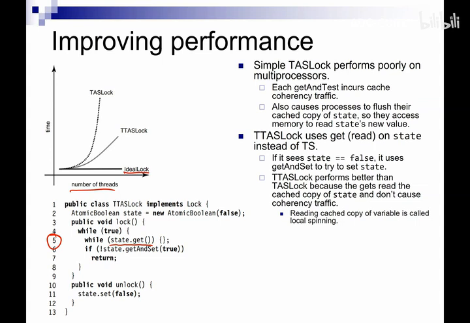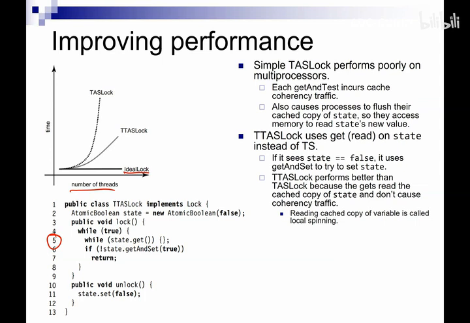The read, the get operation, only causes traffic when the variable changes value. The state value represents whether the lock is currently locked or not. If it's locked, then state equals true. So if I just keep spinning on this state, it continues to be true, so there's no cache coherency traffic.